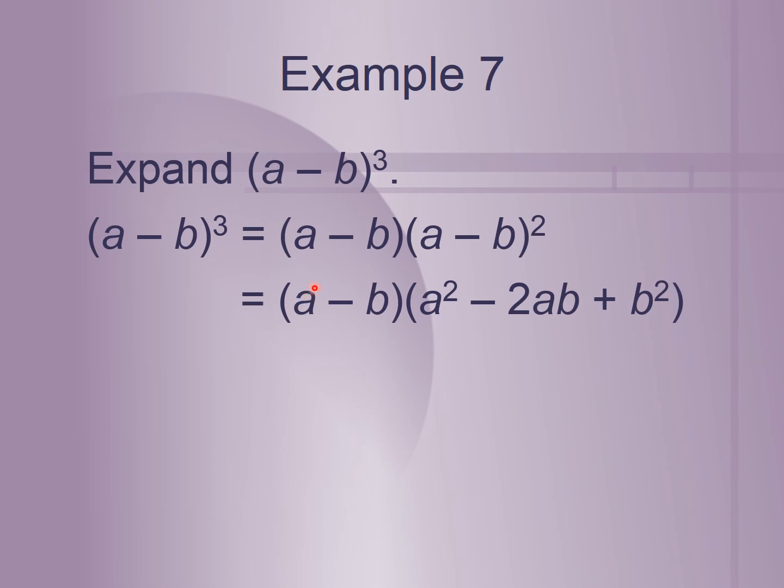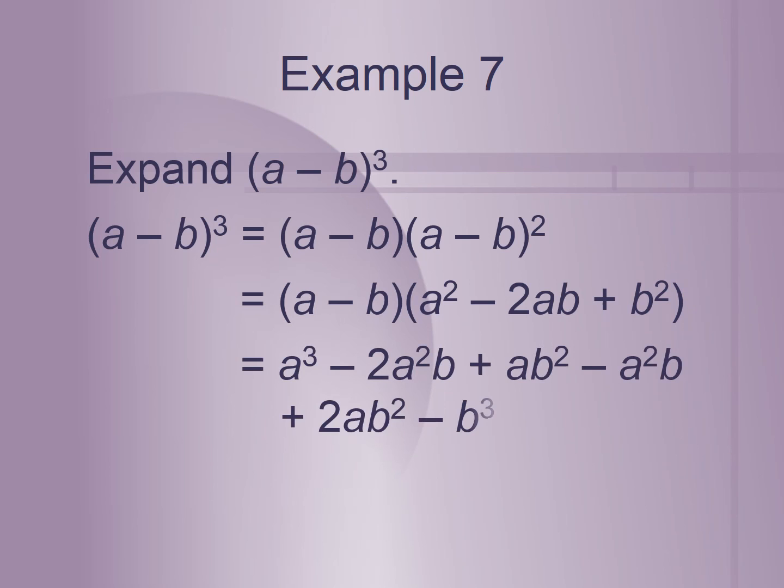Then we distribute the a: a times a squared, a times negative 2ab, a times b squared, and then distribute the negative b: negative b times a squared, negative b times negative 2ab, negative b times b squared. After we simplify that, we end up with our final answer of a cubed minus 3a squared b plus 3ab squared minus b cubed.